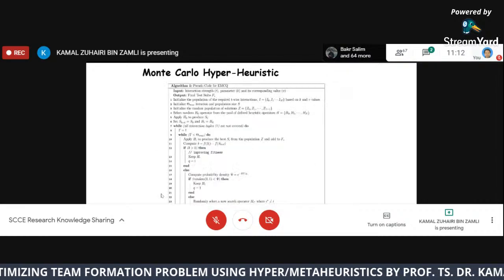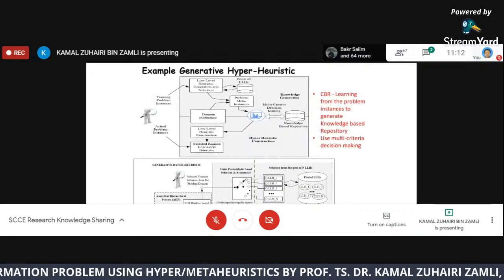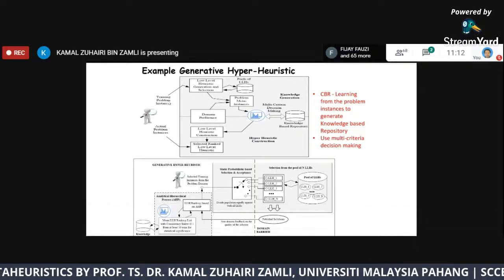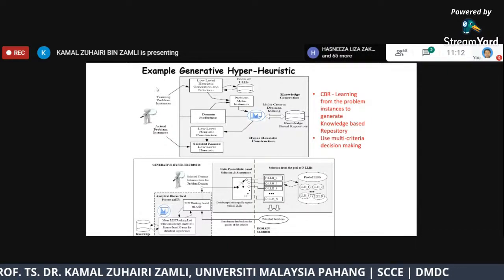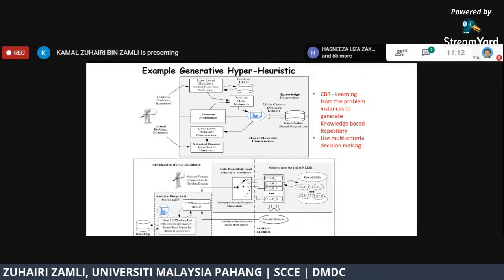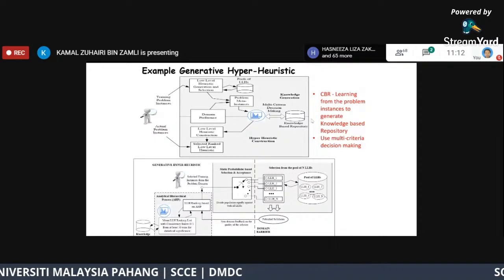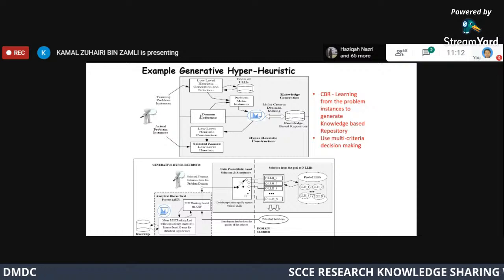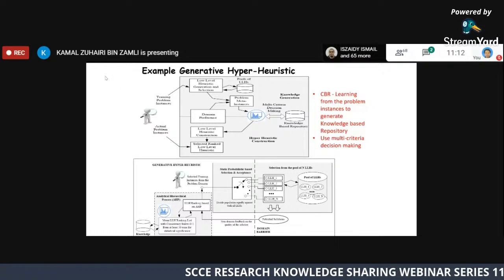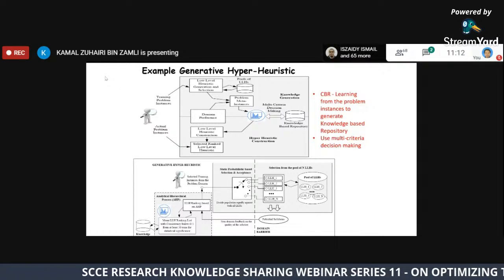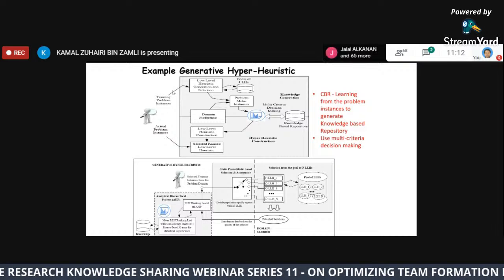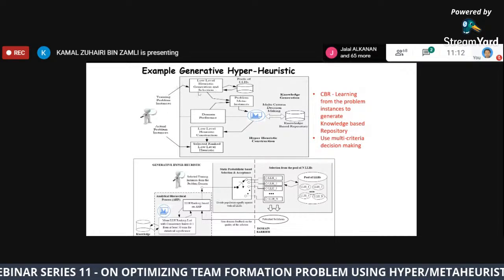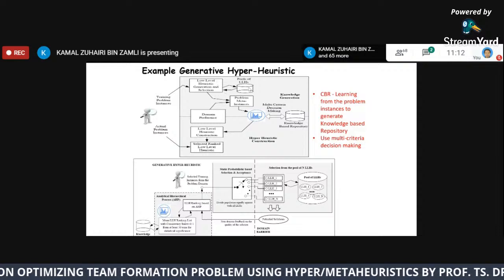Now, for generative hyper-heuristic, what you do is initially you take a problem, and then you learn from that problem. For example, let's say you have 20 meta-heuristics. You take a problem that you fit in this, and it will select from the pool of 20.